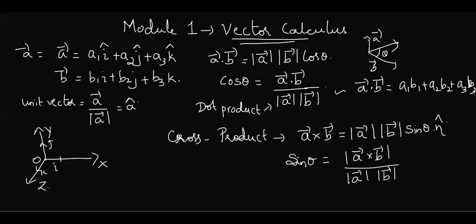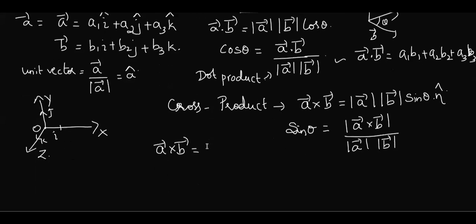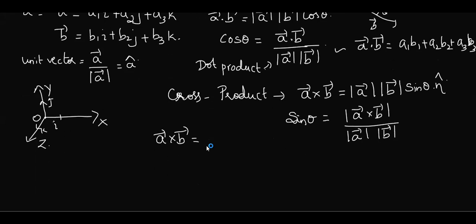Similarly, if I have the two vectors A and B given in terms of i, j, k like this, I can take A cross B. How can I define it? It is given in terms of a determinant. The elements for the determinant have to be taken in a proper way.